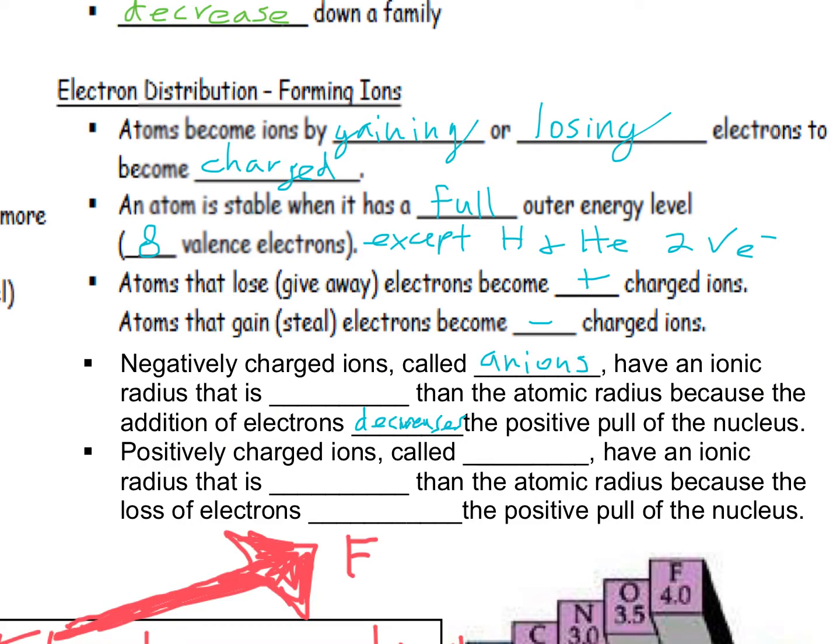By adding more and more and more electrons, that positive pull becomes less effective. Now, the positive pull is what decides the radius. However strong that positive pull is, is how strong you're able to pull in those electrons. If I'm less able to pull in those electrons, my radius becomes larger. So the radius is larger.